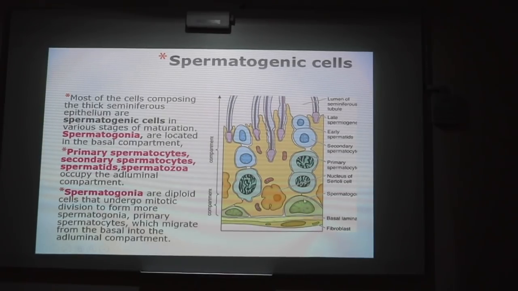Then you can see the cells of the spermatogenic series, starting from the spermatogonia, which is the most immature type of cell. Then you have the primary spermatocyte, the secondary spermatocyte, and the spermatids, and these spermatids mature while attached to the apical surface of the Sertoli cells.